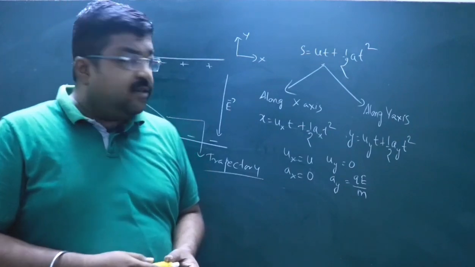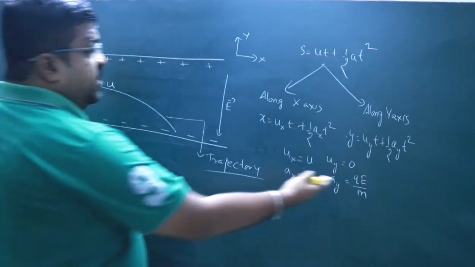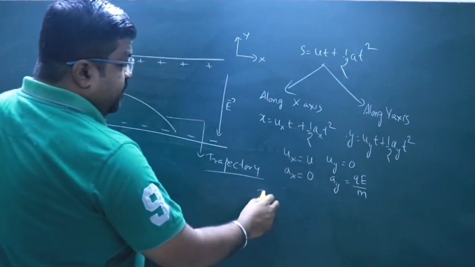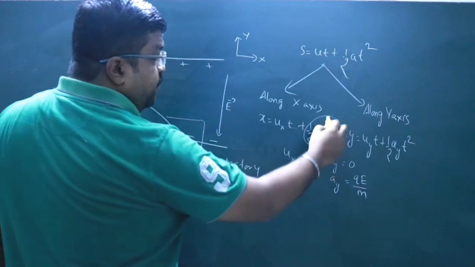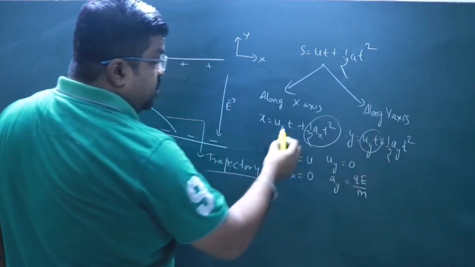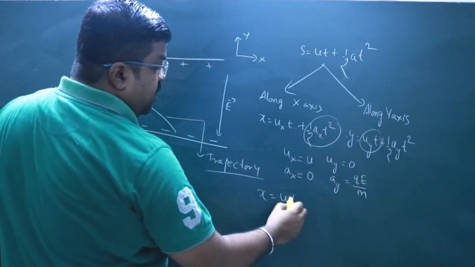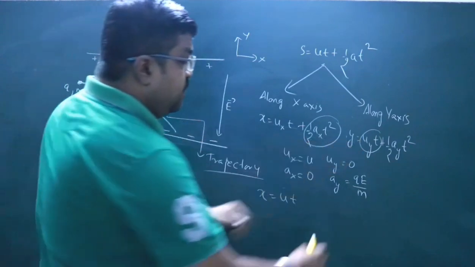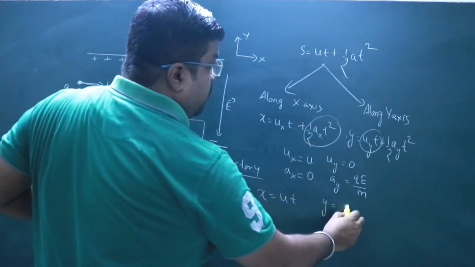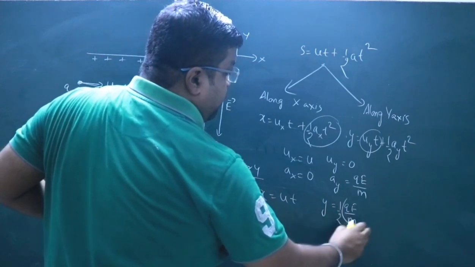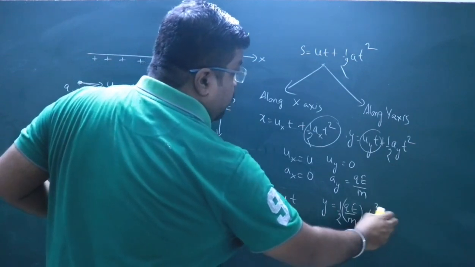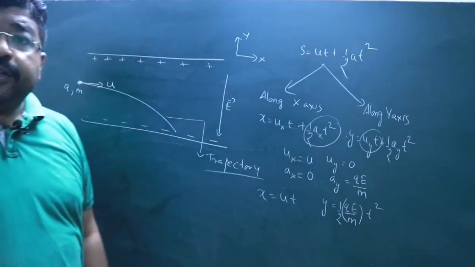Now if I substitute these values, this term becomes 0 and that term becomes 0, so the equation becomes x equal to u into t, and y is equal to half qE by m into t square.